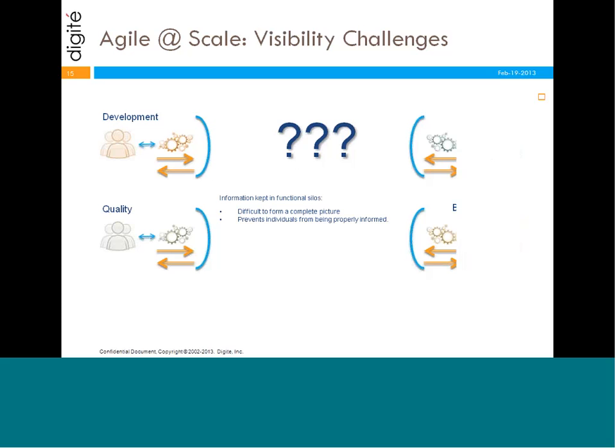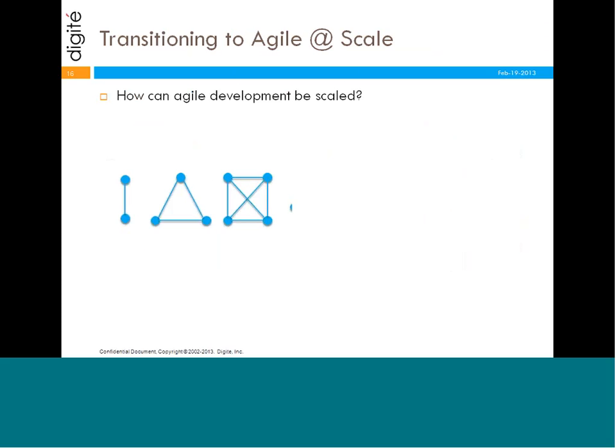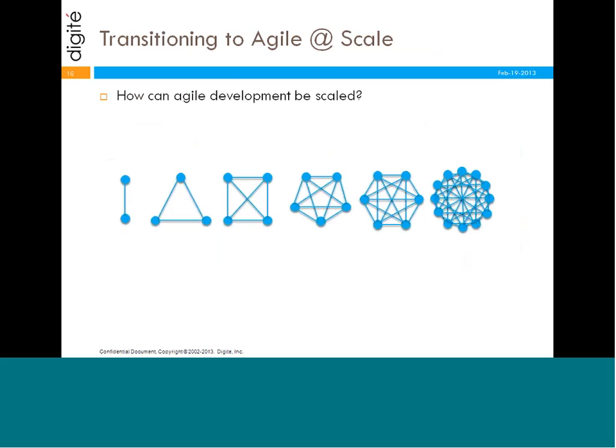So the question, of course, then is how do we scale? How do we go from that team size of 5 to 9 developers, which are able to work very well with the agile method, when we go to hundreds and thousands of developers in an organization that might be working on large scale projects?